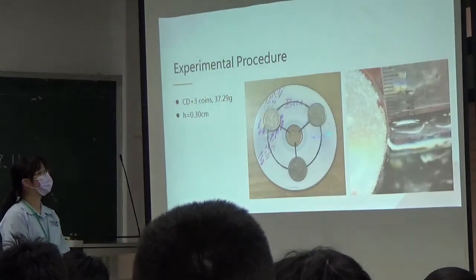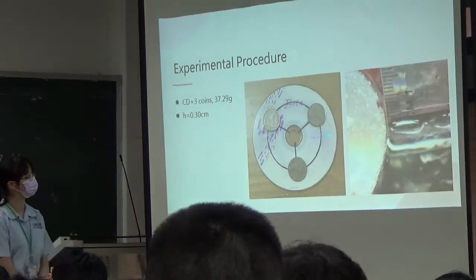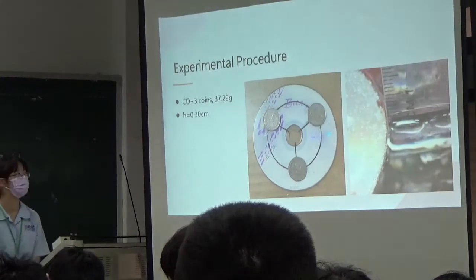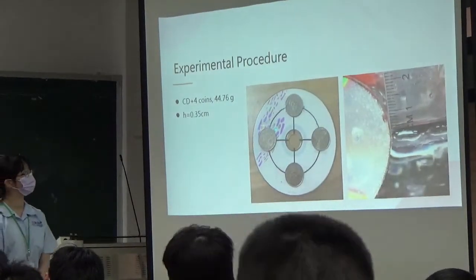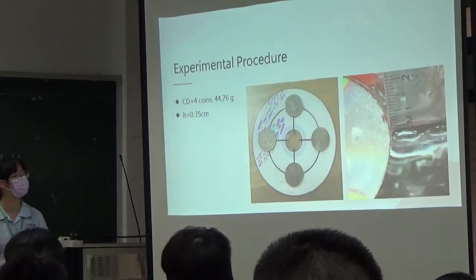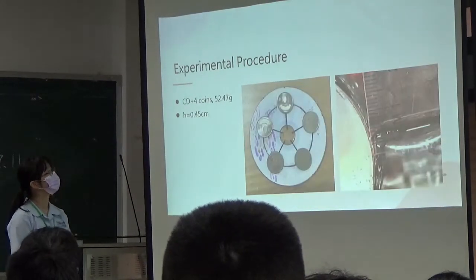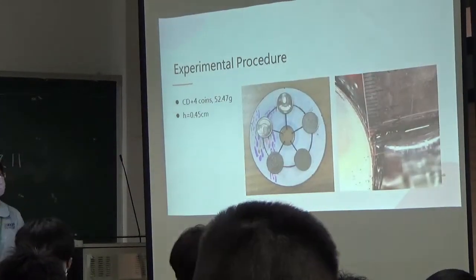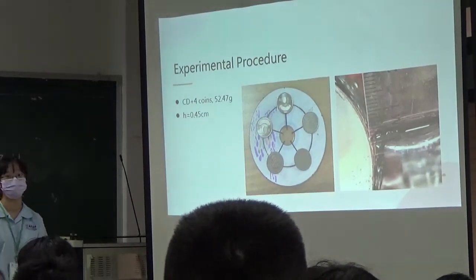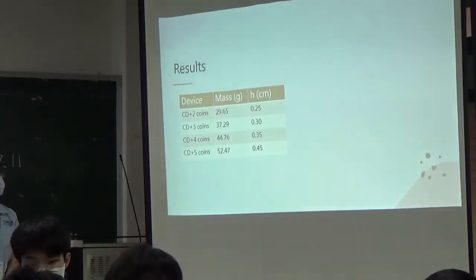When we stick 3 coins to a CD, it weighs 37.29 grams, and the height difference is 0.3 centimeters when it floats. When we stick 4 coins to a CD, it weighs 44.76 grams, and the height difference is 0.35 centimeters. And when we stick 5 coins to a CD disk, it weighs 52.47 grams, and the height difference is 0.45 centimeters. So here are our results.